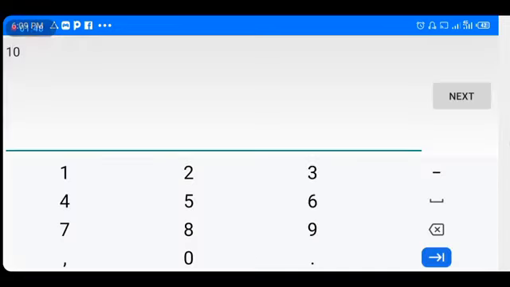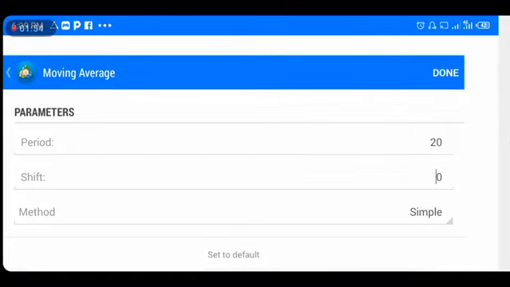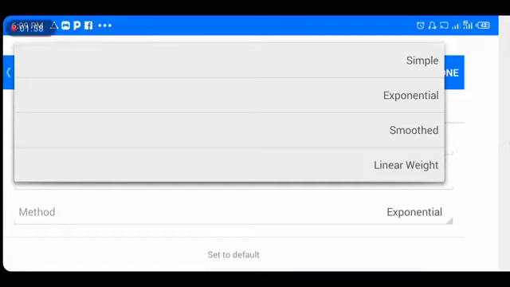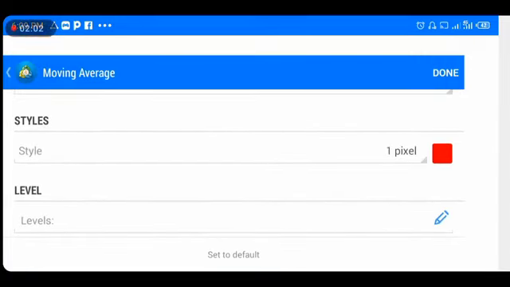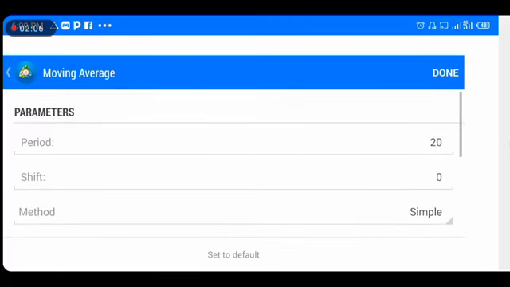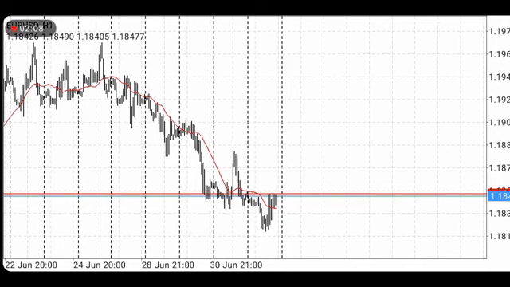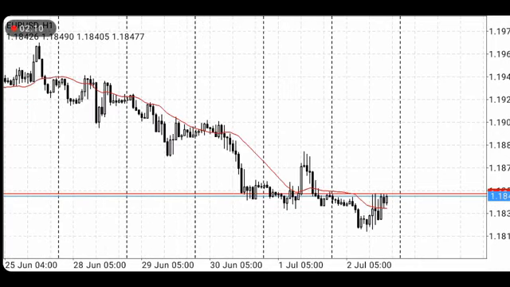Let it show me the average of 20 candles. Okay, I'm done with that. It's simple, exponential? No, I want simple. Okay, so the style, I want it to be red. Let it be red in color. So that is it, done. That is how it looks. So this is how you can set up a moving average on your screen.